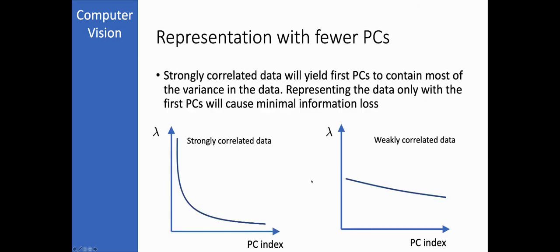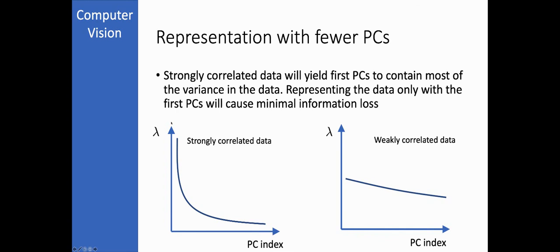Specifically, if my data is very strongly correlated, then the first PCs will contain most of the variance in the data. So if I plot my eigenvalues with respect to the principal component index, very strongly correlated data will show such a curve, which basically means that most of the variance in the data is captured by very few principal components.